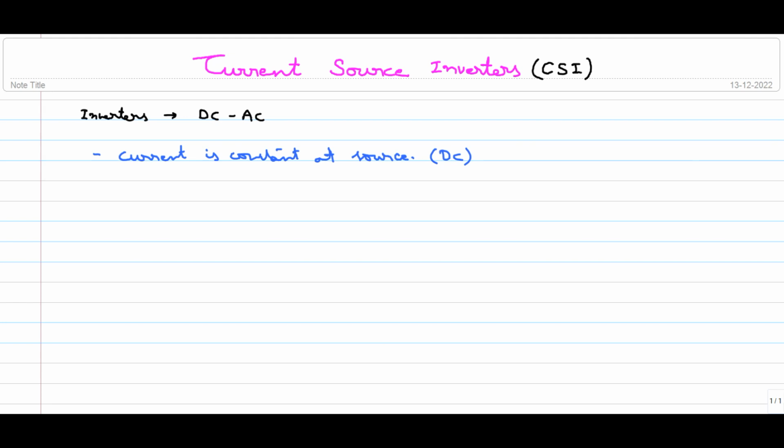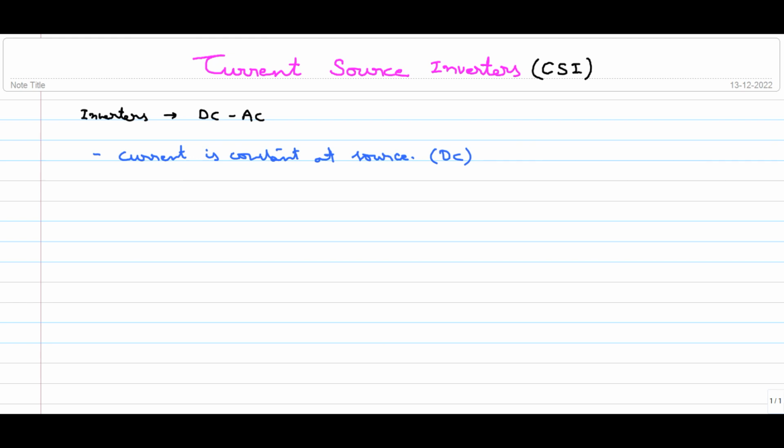Then how is this achieved? This can be done by inserting a large inductor in series with the DC source. Why does this happen?